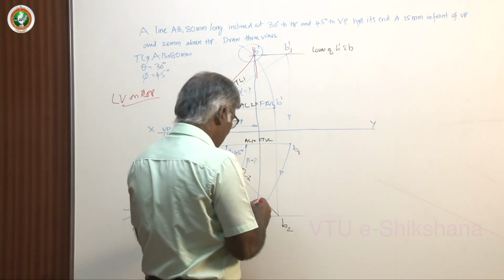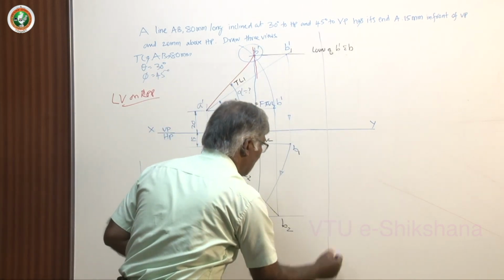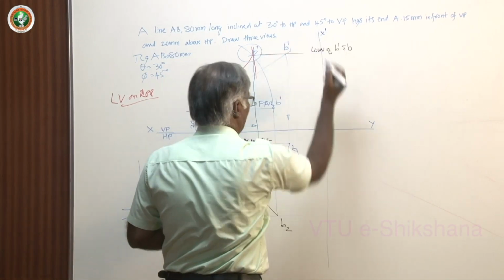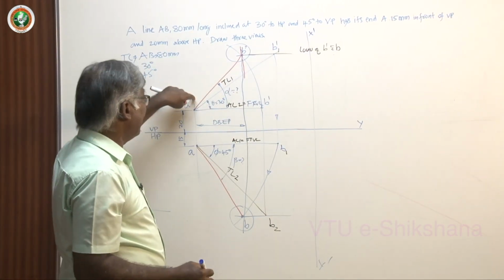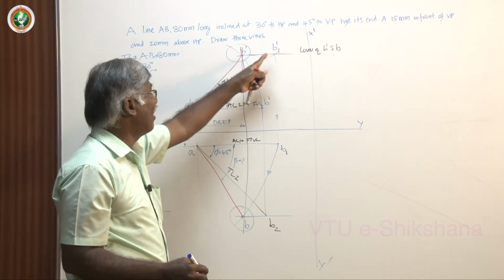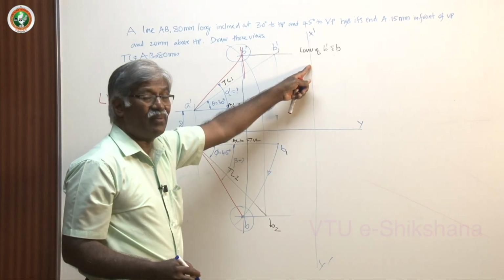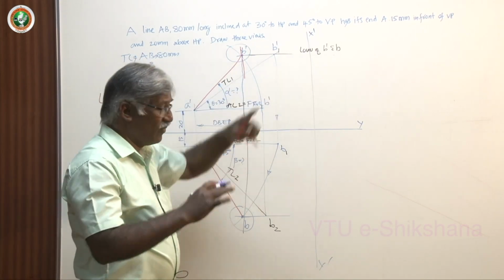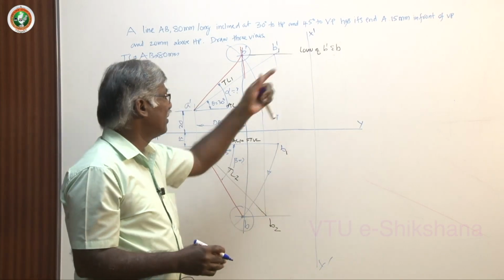Now, do this job. Keep x1, y1 at a convenient distance. X dash, y dash. Suppose that if they say one end or the nearest end is 40 mm from RPP, definitely you have to consider this, not this one. Final projection, nearest end is 40 mm from RPP means from this point. If nothing is given, you can take any convenient distance, keep a sufficient gap, then start working.